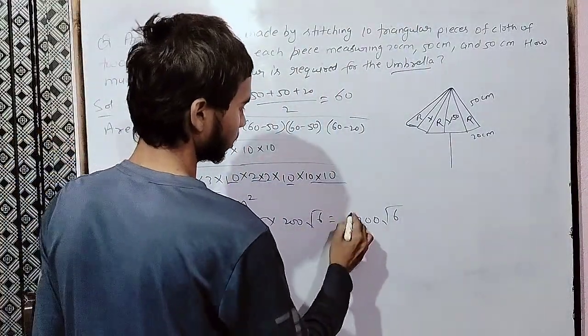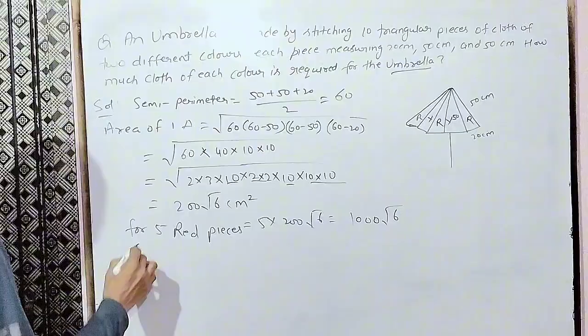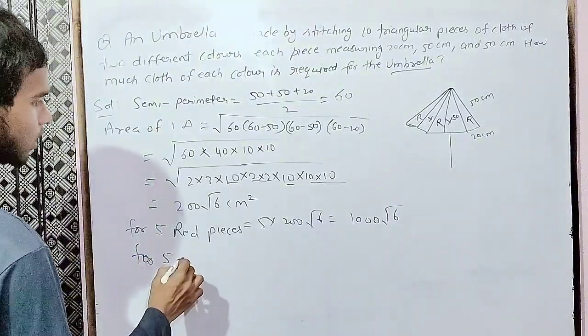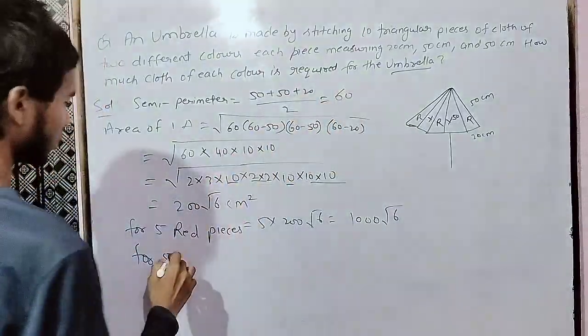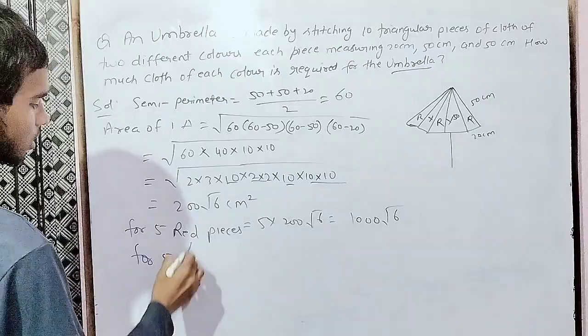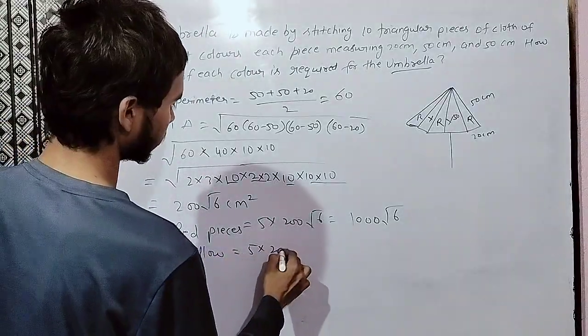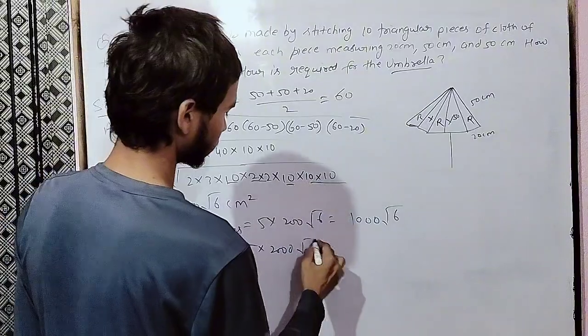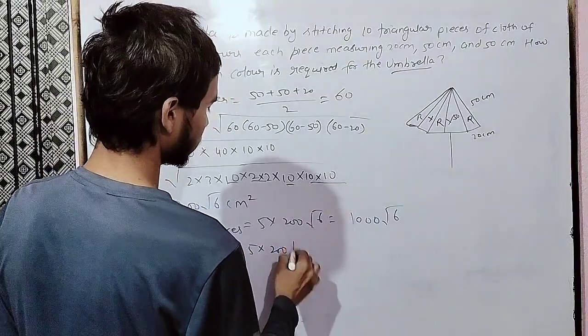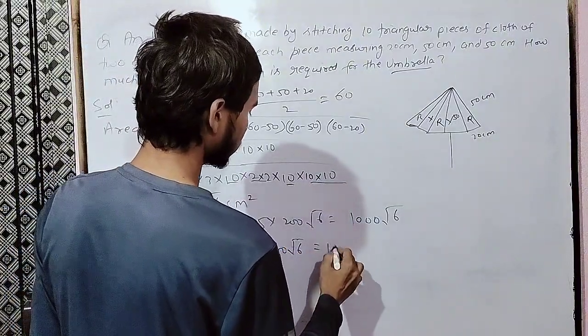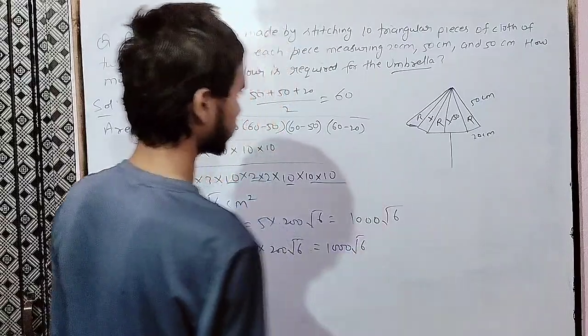So I think it will be 1,000 under root 6. Okay. Now for 5 yellow pieces, again this will be the same. This will be the same, 1,000 root 6.